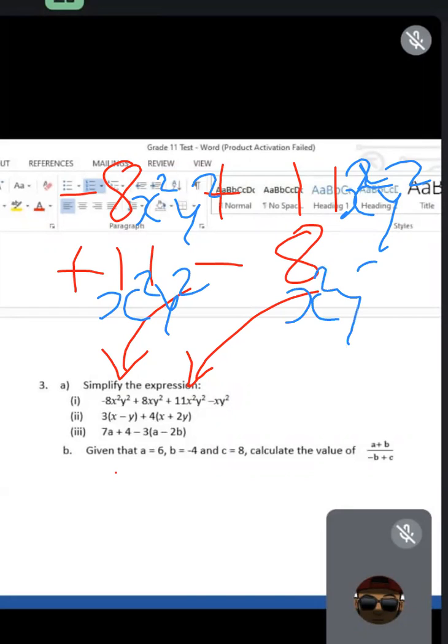So we have 11x²y² minus 8x²y². Now, that's what we're going to have when we group those two together. So the result of that is going to be 3x²y².